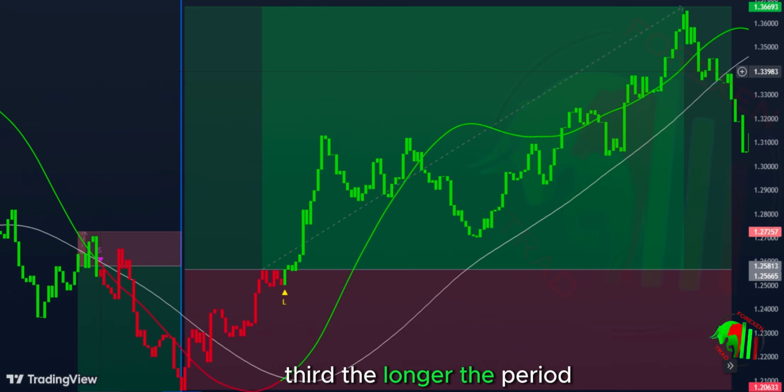Third, the longer the period, the more likely the price will bounce back to the entry point. In Bitcoin trading, first, the trade took a short time to reach the target. Second, the risk-to-reward ratio is 1.3, so the profit ratio is higher. Third, the price bounce rate decreased.